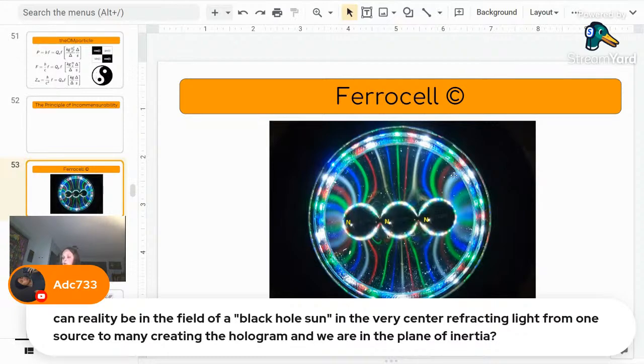So with a ferrocell, what you have are two pieces of glass with a bunch of ferrofluid in between the two pieces of glass, and a bunch of light sources are, in this particular image, surrounding the piece of glass. And there are three spherical magnets in this particular image.